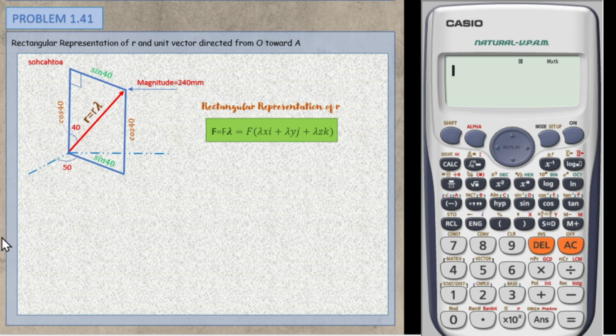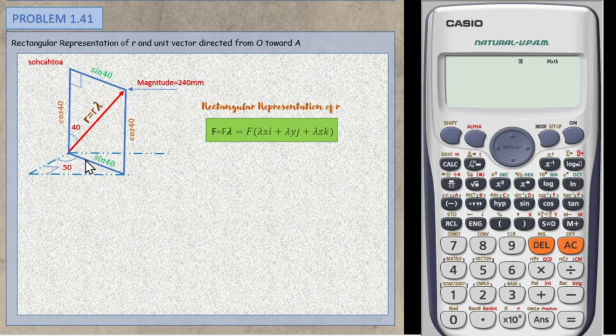So how are we going to solve for our unit vector x, y, and z? For our unit vector x and y, we can create a parallel line here, and after we have created a parallel line, you can see that we create a right triangle from this one. From here, we can now compute for our unit vector x and unit vector y. We're just using SOHCAHTOA again.